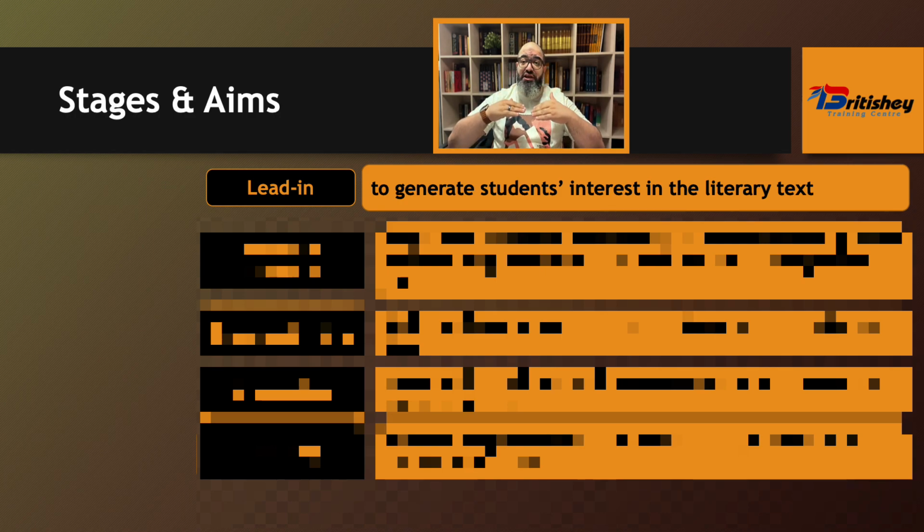And then after leading, we have reading. And reading here, as usual, is an optional stage. Why? Because you can ask your students to read at home, and this is how you save more time in the lesson. Or you can get them to read in the lesson if you have enough time for that, of course. And the rationale behind reading is to give students the opportunity to read the literary work.